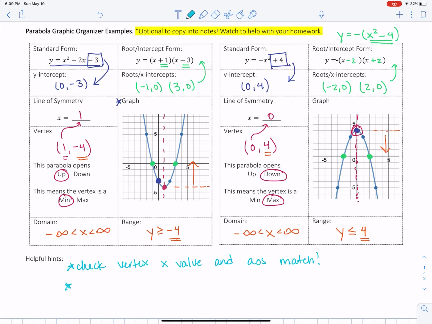Double check that your constant and y-intercept match. And the last thing is that your roots and your root form should match.